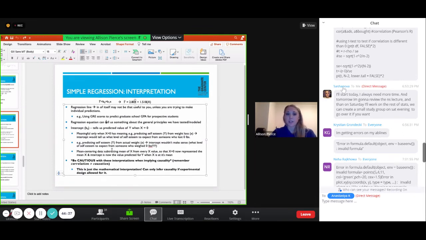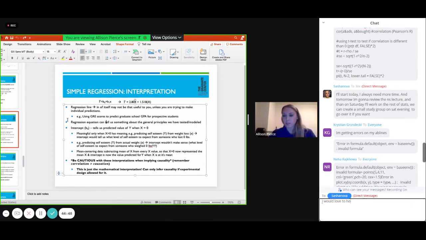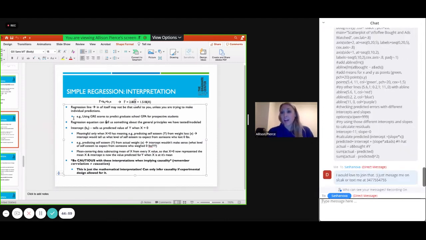In cognitive neuroscience, if you wanted to predict accuracy, so you have a speed accuracy trade-off, and you want to predict accuracy based on reaction speed, your intercept is not going to be very informative for what accuracy I can expect when the reaction time is 0. Well, the reaction time is never 0. That means they didn't do the task, right? They didn't react. There is no 0 reaction time.